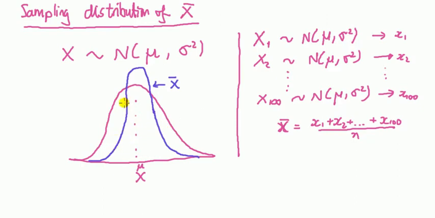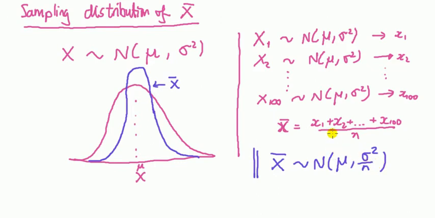And it's precisely for this reason that the mean of x bar will be mu, but the variance will be tighter, more precise. Indeed, we can show that the sampling distribution of x bar is normally distributed with mean mu and variance sigma square over n. This is the sampling distribution of the sample mean.